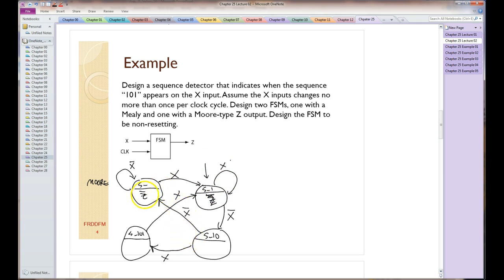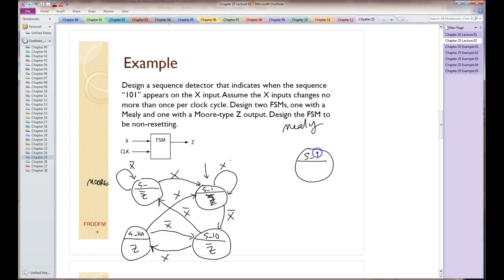But if, check it out, if I get a 0, I got 1, 0, 1, 0, 1. Because I can reuse previous values, essentially I have a cycle here, and we'll make this correct here to make it right. This is the state that indicates I found it, which is 1, 0, 1. Z turns on. In all the other states, Z is turned off. So let's do the Mealy.